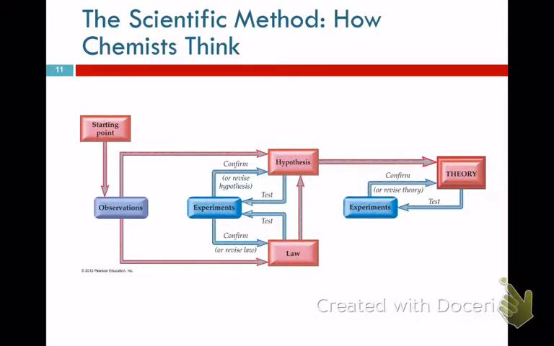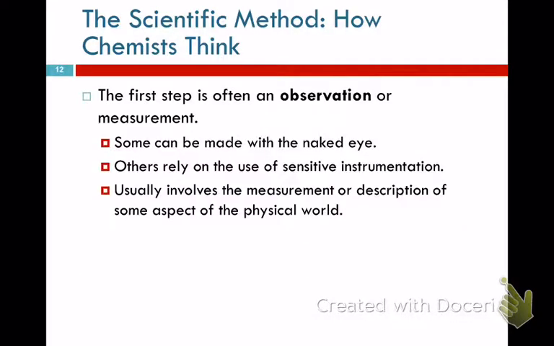Okay, we'll come back to this for a second. The first step in the scientific method is just to make observations. Some are made with the naked eye. Sometimes we use instrumentation.